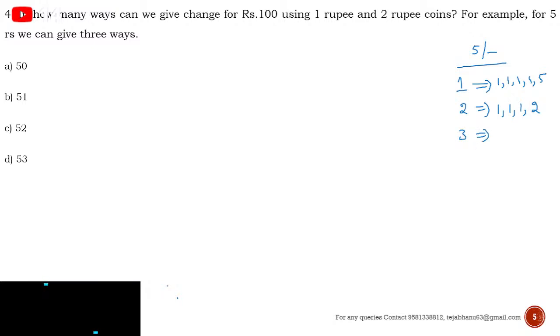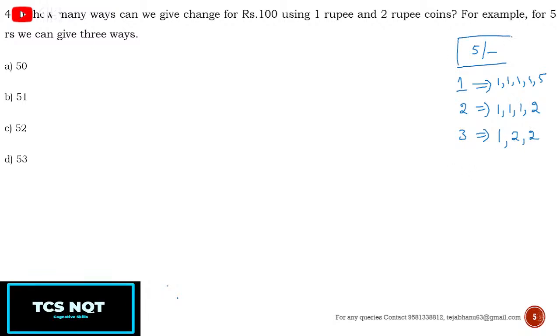Or in the third, we can consider one 1 rupee coin and two 2 rupee coins. These are the 3 ways in which we can give change with 1 rupee and 2 rupees. I hope it's clear.